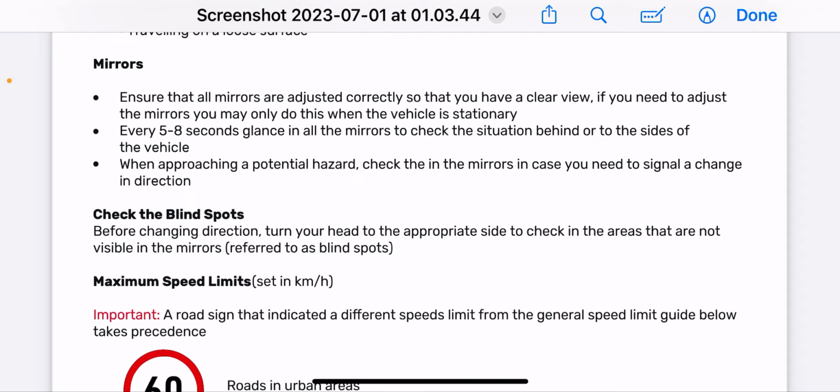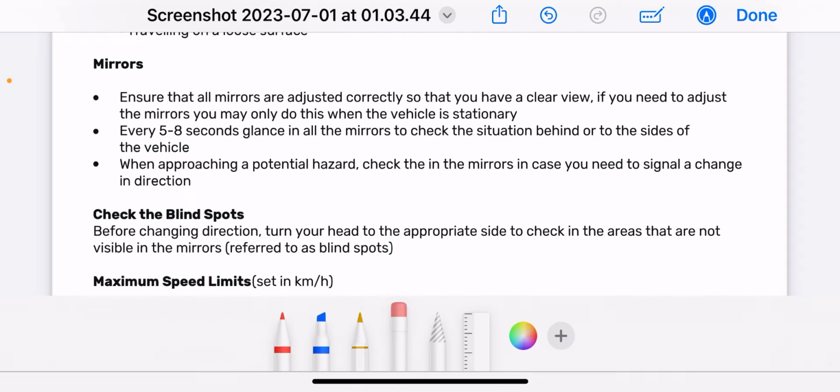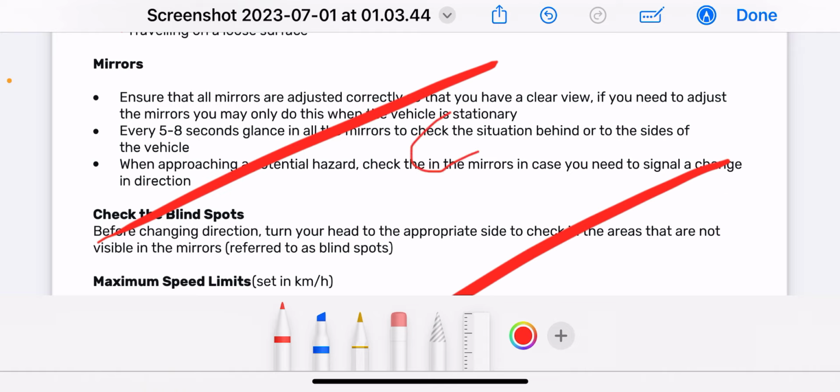And then when approaching a potential hazard, check in the mirrors in case you need to signal a change of direction. So this is your road. Let's say there's an excavation here, with a danger plate put there. That means this is a potential hazard.